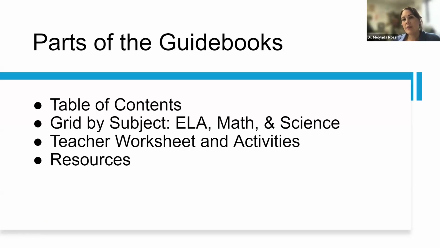And then the last column is the activity column, and it lists what activities the authors of these guidebooks think, hey, we can really work smarter, not harder, and we can get some information from these activities to answer the discovery questions. Once you go through the grid, then the actual worksheets and activities start.